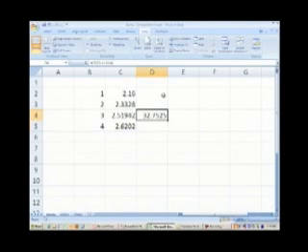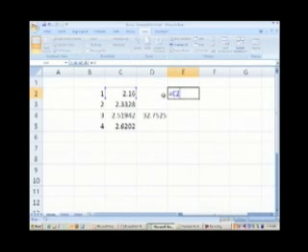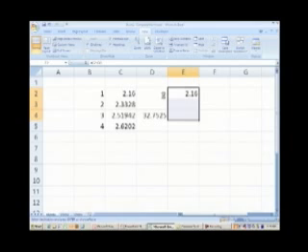So what we really have done is we have changed this problem to the following problem. Let me add these two columns together and copy this. We have changed this to a stock that pays a dividend of $2.16 in year 1, $2.33 in year 2, and $2.52 essentially in year 3, and then sells for $32.75.